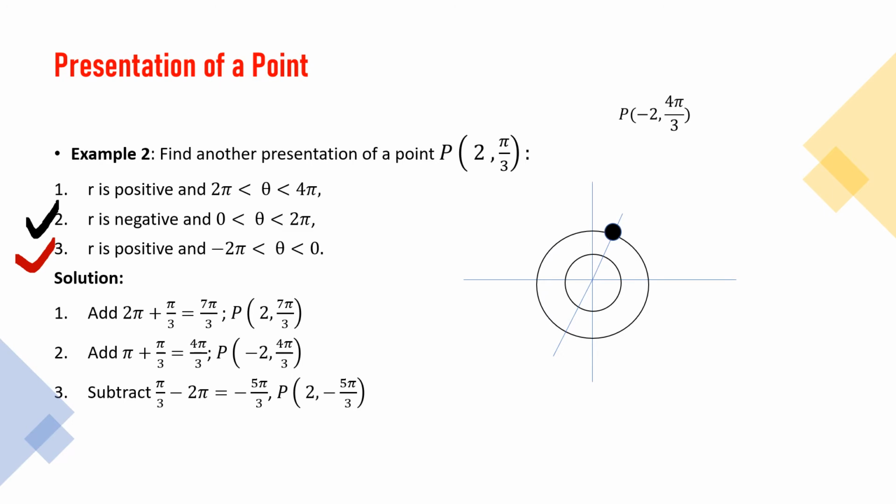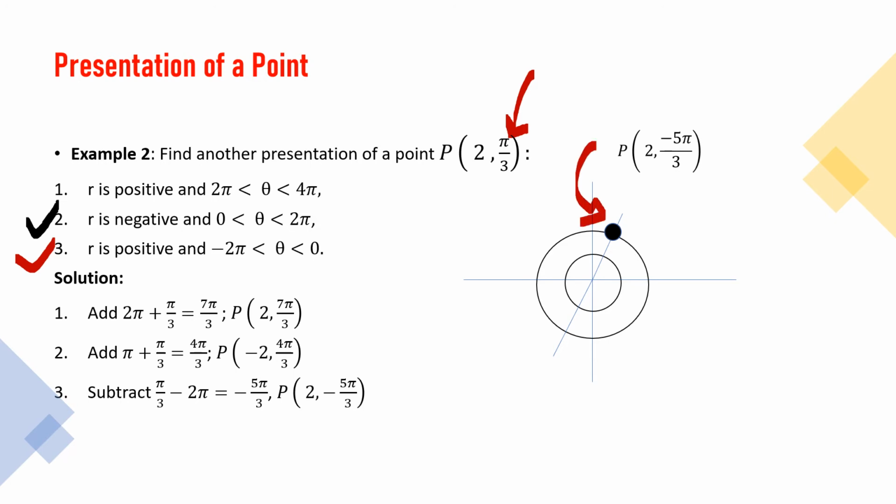We're still going to get the same position of my point, but the naming is different. So this point is going to have a new coordinate with 2 and negative 5 pi over 3.